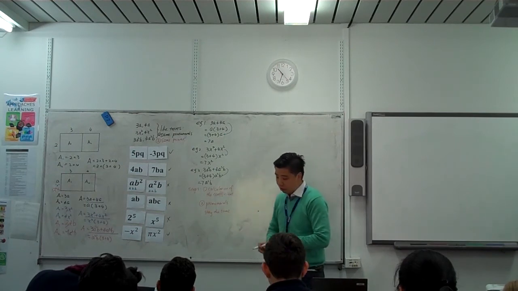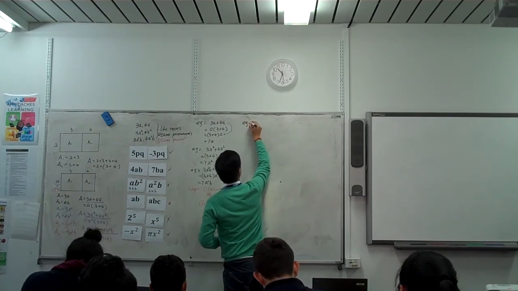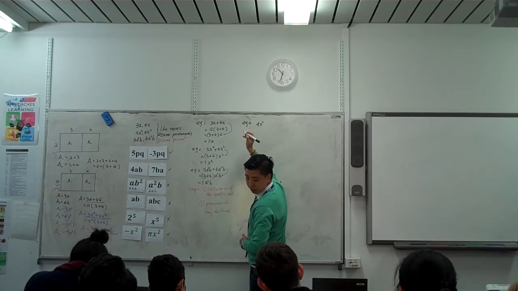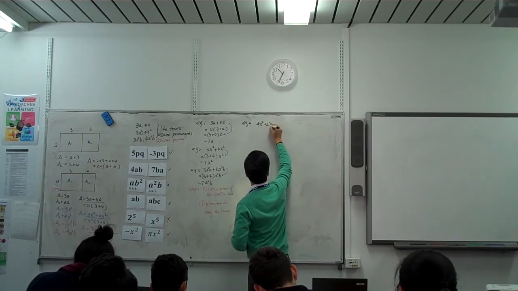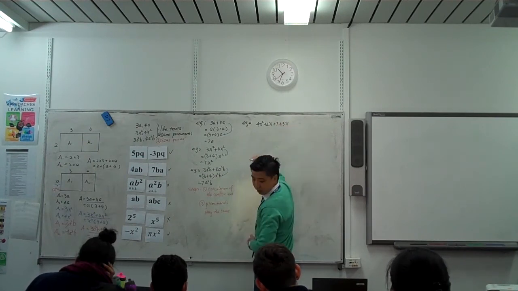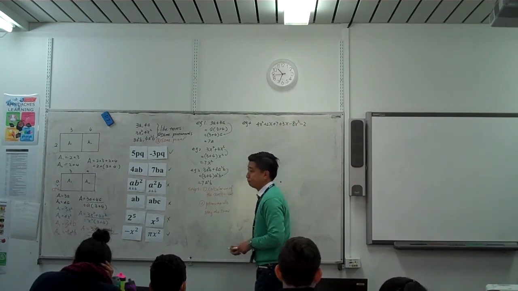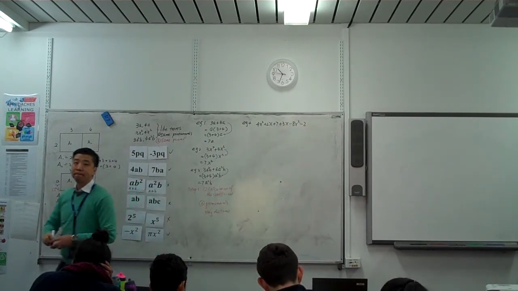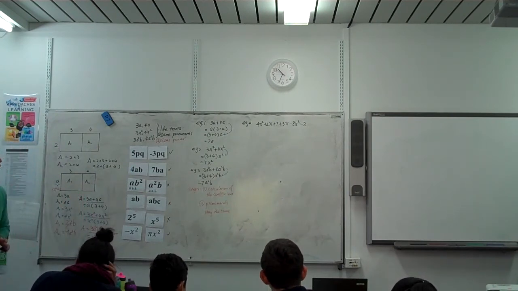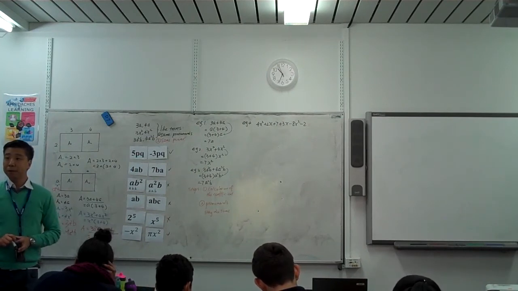Good. Now copy down this question. That is example 4. 4x squared plus 2x plus 7 plus 3x, take away 8x squared, take away 2.